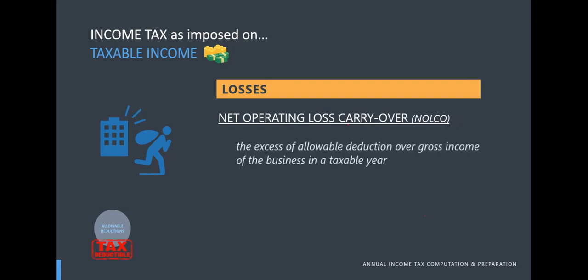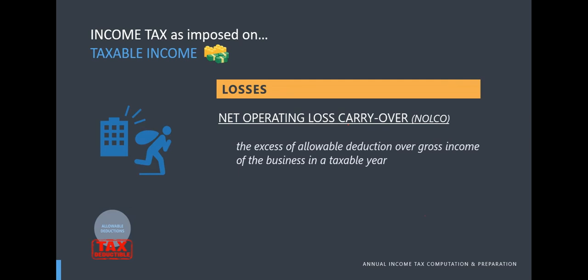Next, net operating loss carryover. The net operating loss carryover, or the NOLCO, is the excess of the allowable deduction over gross income of the business in the taxable year. This means that the allowable deductions in a year exceed the gross income of the business.